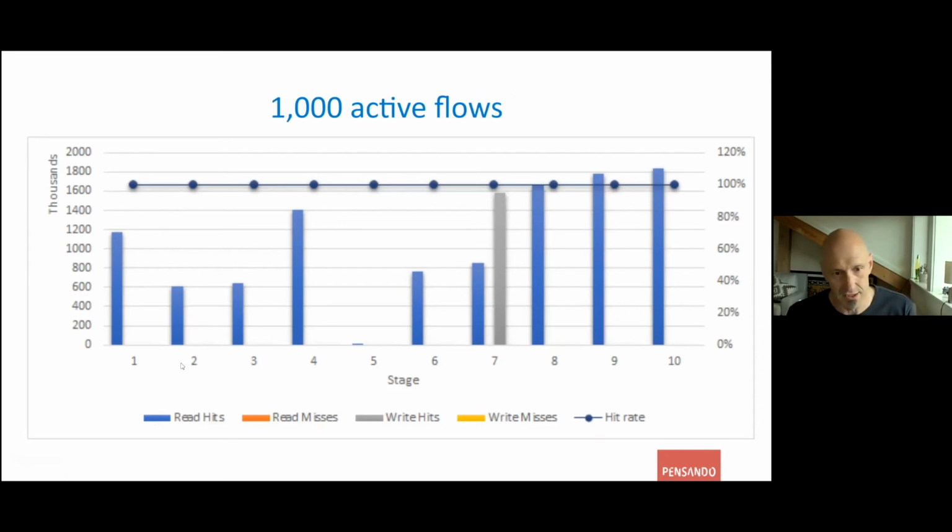On the x-axis, we have the various stages, and on the y-axis, on the left, we have the number of reads or writes performed by the table engine, in this case, because this is the data cache, in thousands.